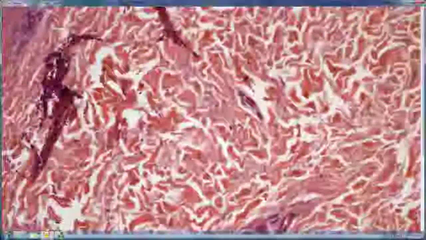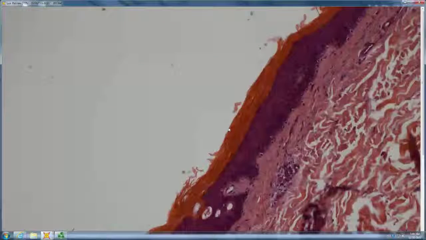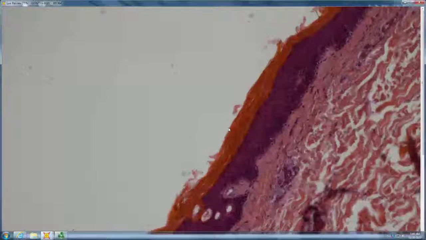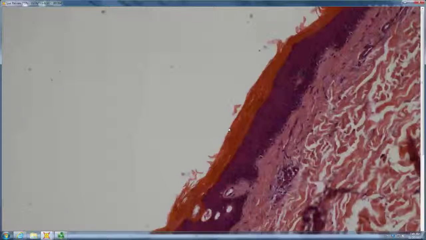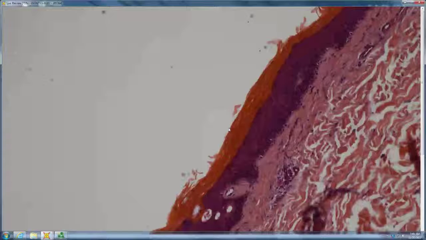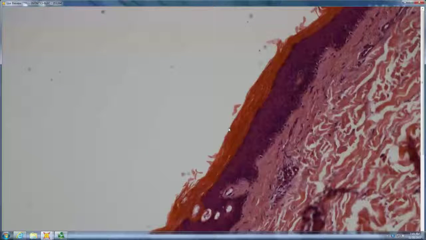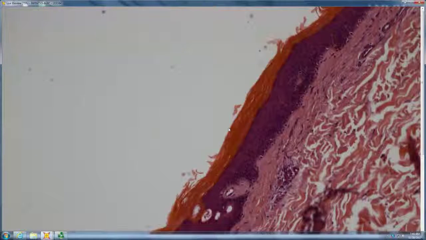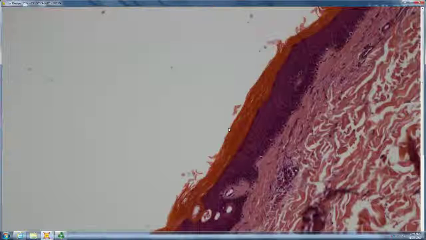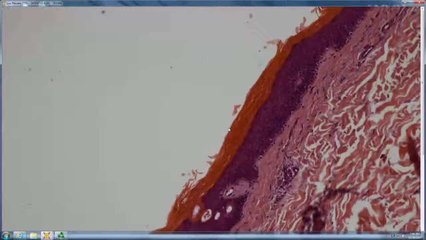Okay. Is this more of a lamellar or more of a very, very compact red? It's very compact red. So this one's more compact red. And granular layers deficient, so this is probably more like ichthyosis vulgaris.